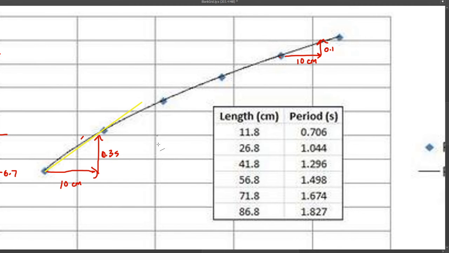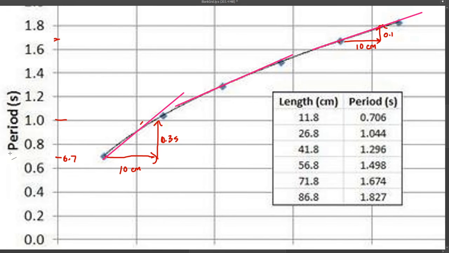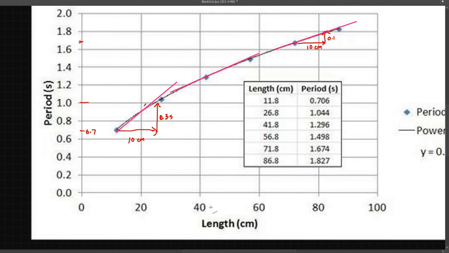If we look at the slope of this line, you can see how the slope is changing the whole time. Here we have a steep slope. That means we get a lot of period for the length. Here we have a really shallower slope. That means we get less period for the length.